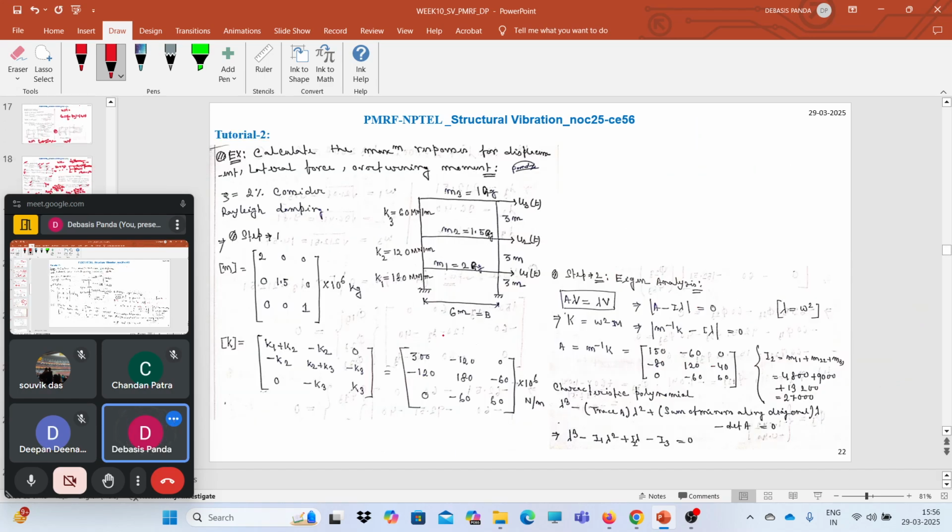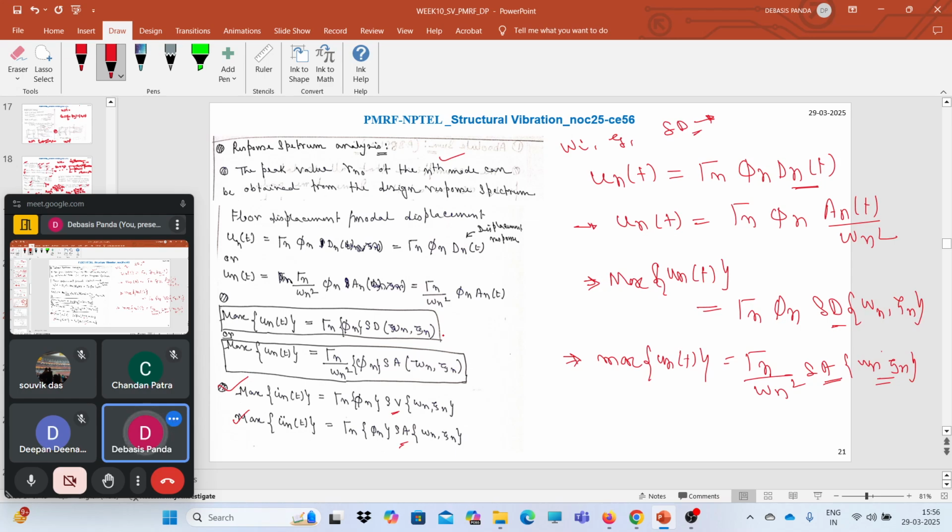Like here, precisely in this problem, we will solve it step by step, each and every step from the beginning to end, base shear, storey shear, all the calculation, including the response spectrum analysis concept, like how we can use this concept.